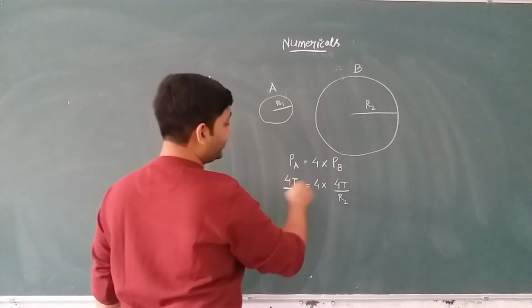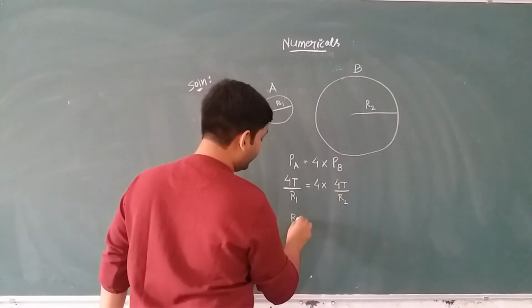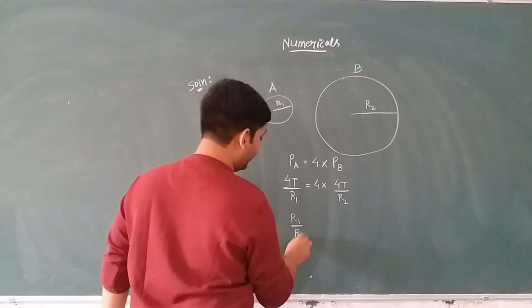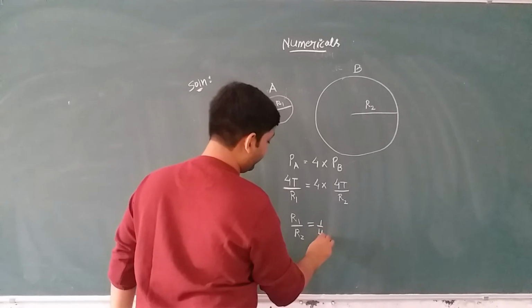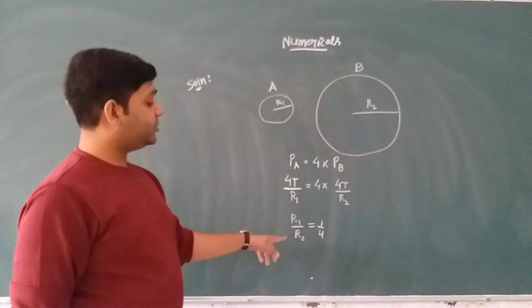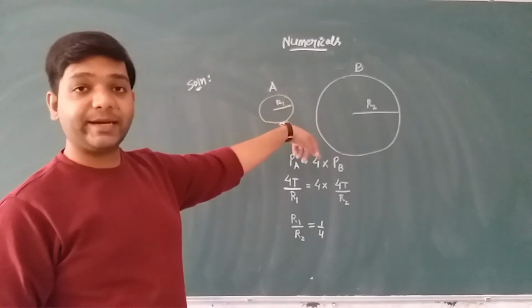Now this 4T and this 4T get cancelled out, and we have from here R1 upon R2 is equal to 1 upon 4. This is the ratio of the radius of the first bubble to the second bubble.